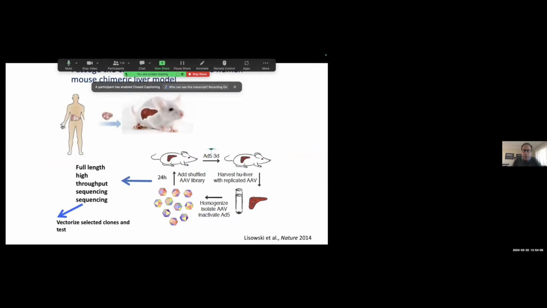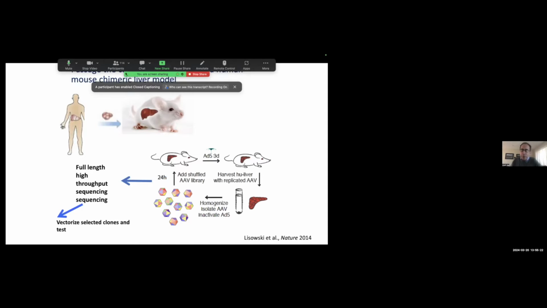Now, what we did a number of years back is that we took an AAV capsid library, which is something we described several decades ago, where we have millions of different capsid variants. And we would inject this into a mouse that had a chimeric liver comprised of both mouse and human hepatocytes.